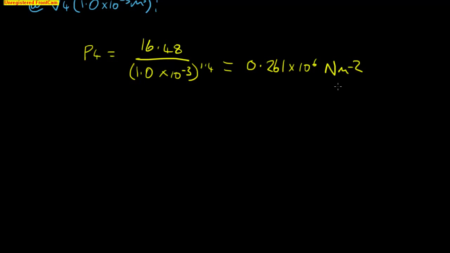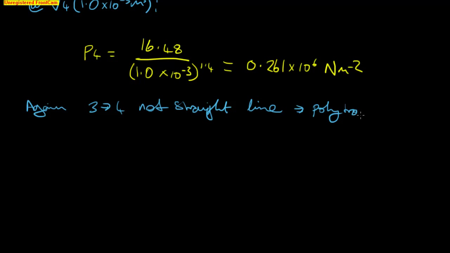And that works out as 0.261 by 10 to the 6 newtons per meter squared, or 0.261 megapascals. Again, of course, 3 to 4 is not a straight line because it's a polytropic process. And so we've got to pick at least 2 points between points 3 and 4.